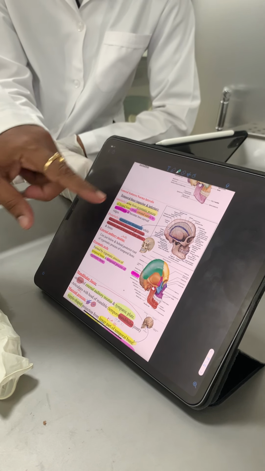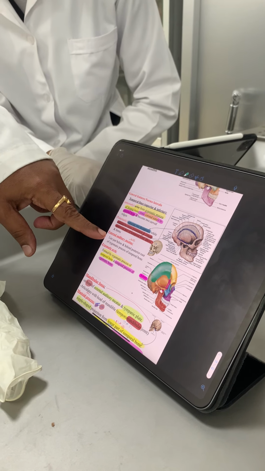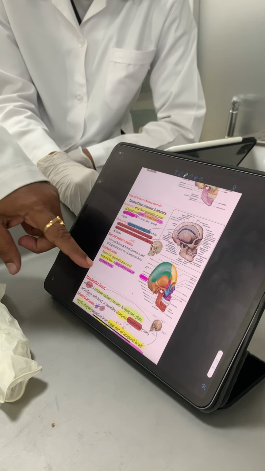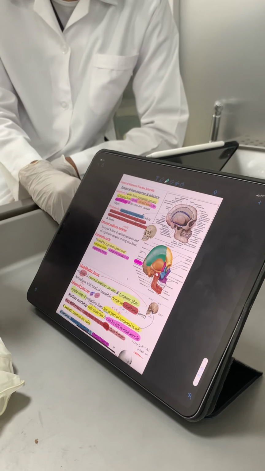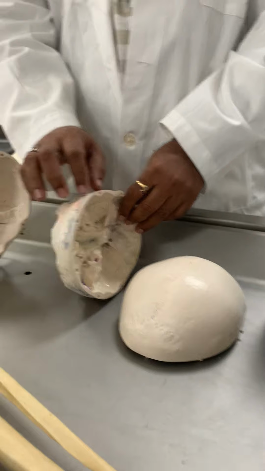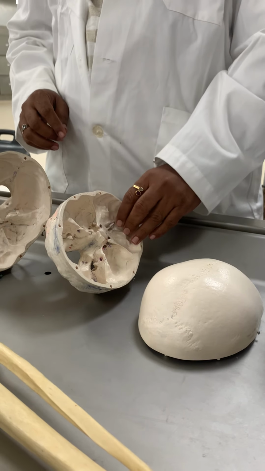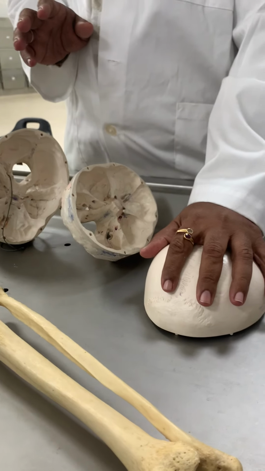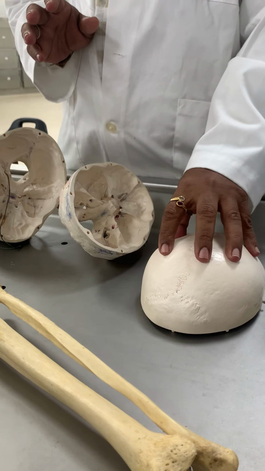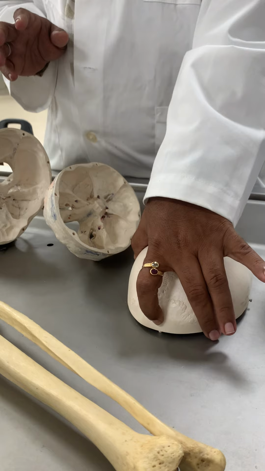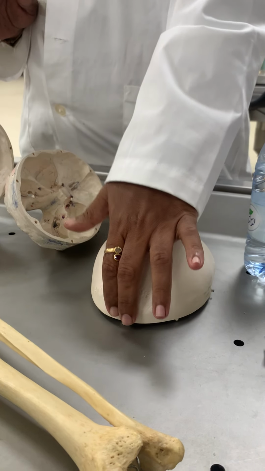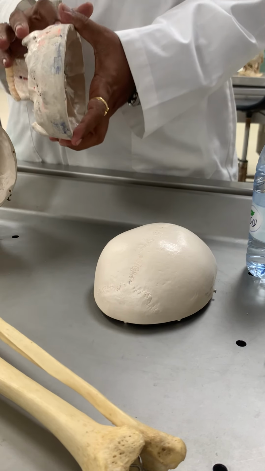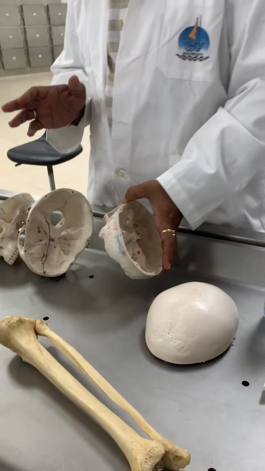So temporal lines, external auditory meatus, zygomatic arch. All these points come in the temporal bone. So we'll keep this. Identify the bones or sutures, or occipital bone general features, and then temporal bone general features.